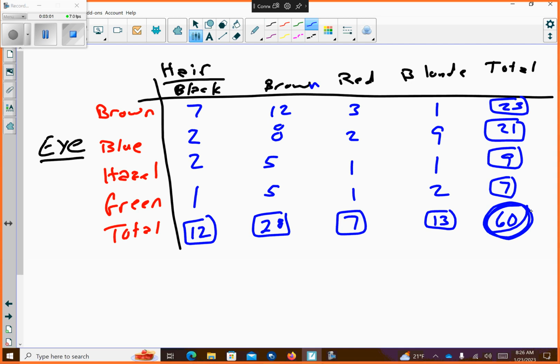Okay, so we're able to start answering the questions now. Problem number 1, probability the person has blue eyes only. Blue eyes would be 21 out of a total of 60. Problem number 2, they want to know the probability somebody has red hair. This is eye color, this is hair color. So red hair, there's 7 people out of 60.